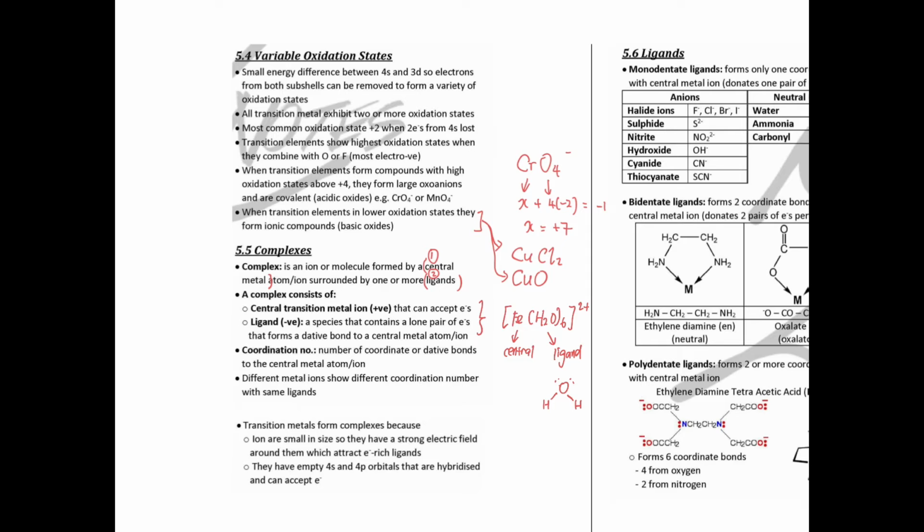Let's say if you look at the first page just now, where I just wrote down here, Fe is argon 3d6 4s2. So when they form Fe2+, you should expect Ar 3d6.